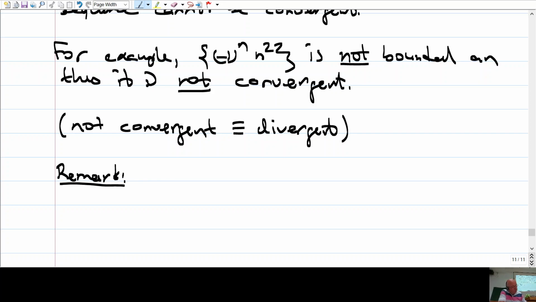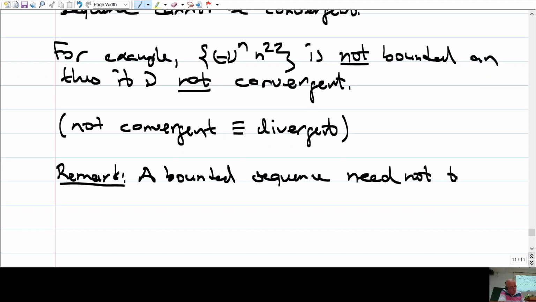a bounded sequence need not be convergent.